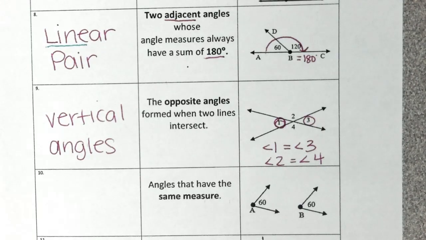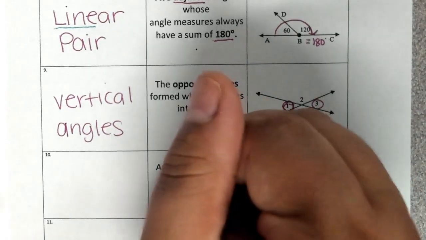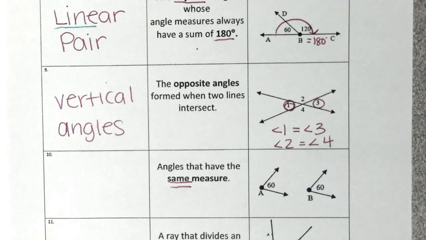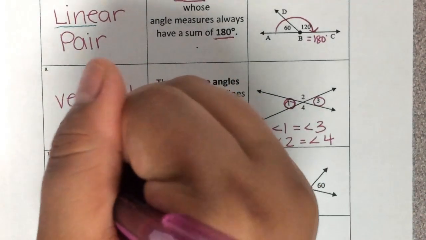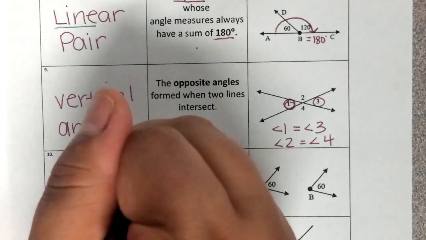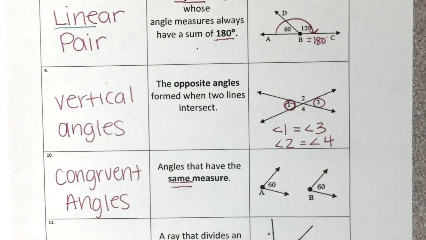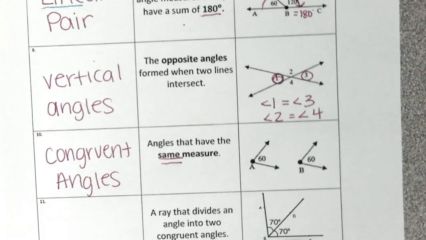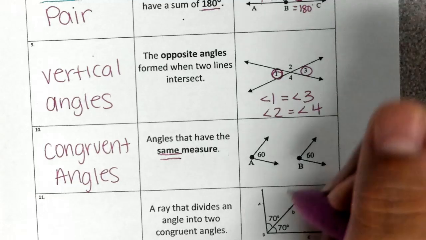Okay. What about angles that have the same measure? What word means same in my class? Congruent. Congruent angles. Remember the congruent sign?